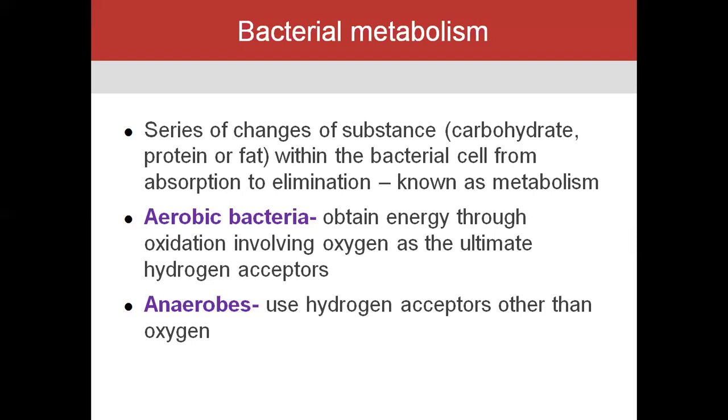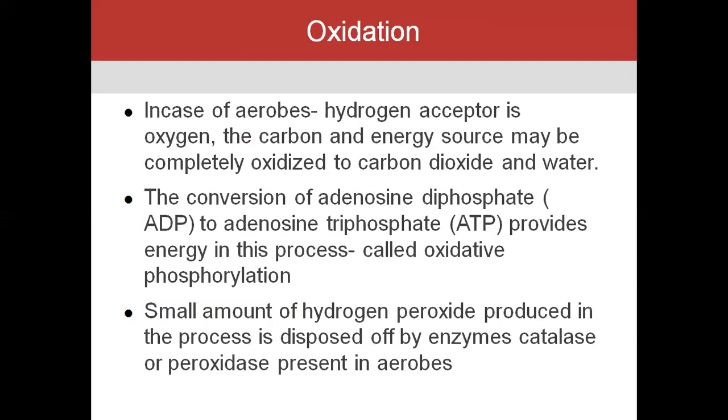And in case of anaerobes, they do not require oxygen. Anaerobes use hydrogen acceptors other than oxygen. And oxidation, what is meant by oxidation? In case of aerobes, the hydrogen acceptor is oxygen. So the carbon and energy source may be completely oxidized to carbon dioxide and water.